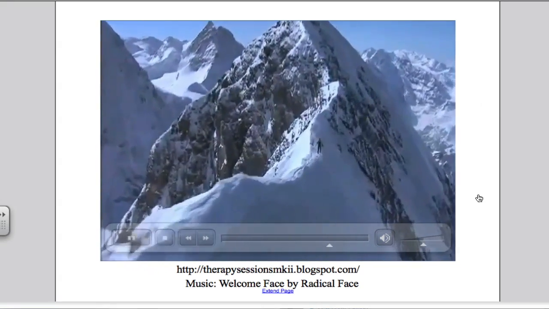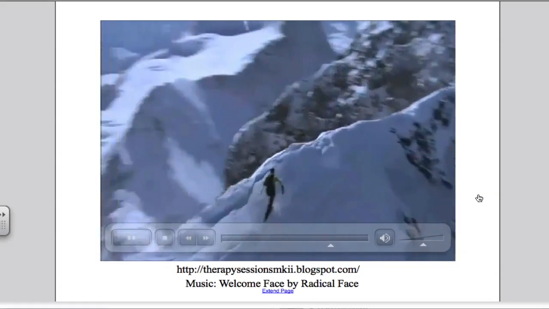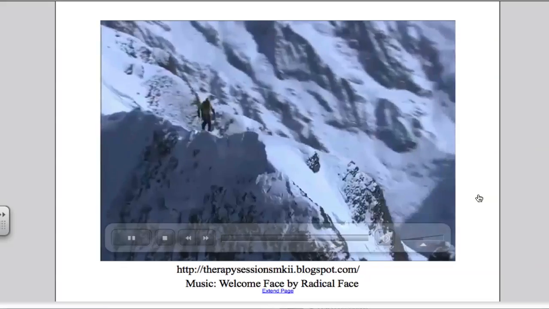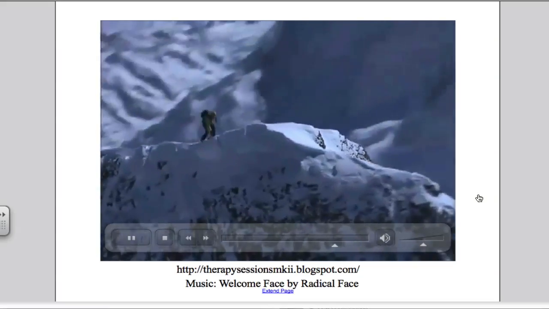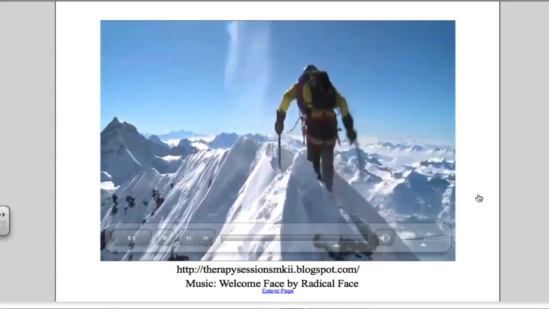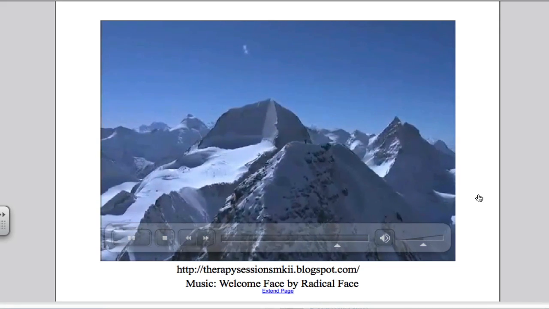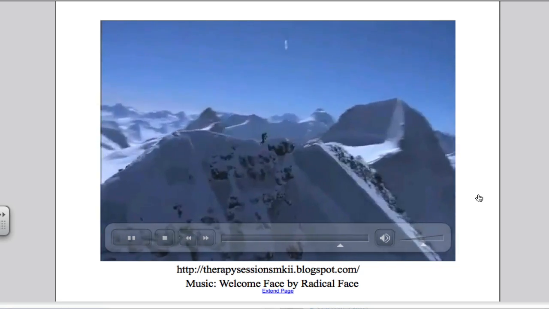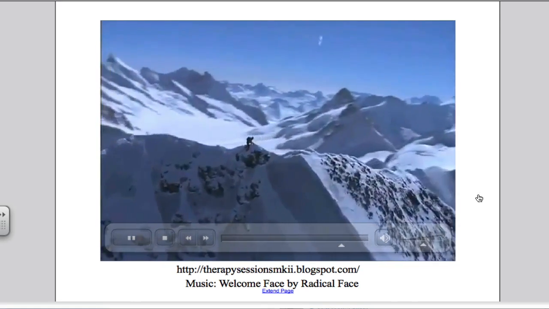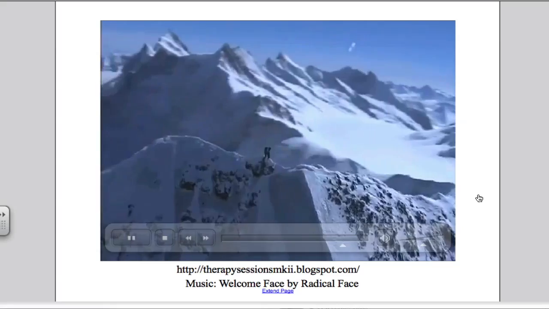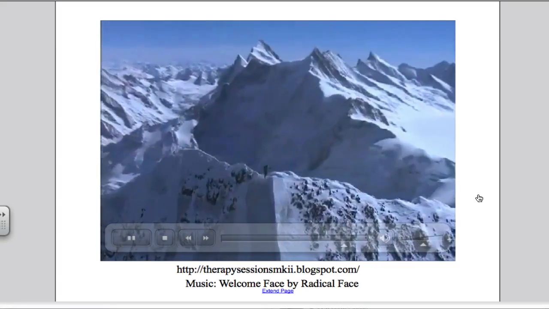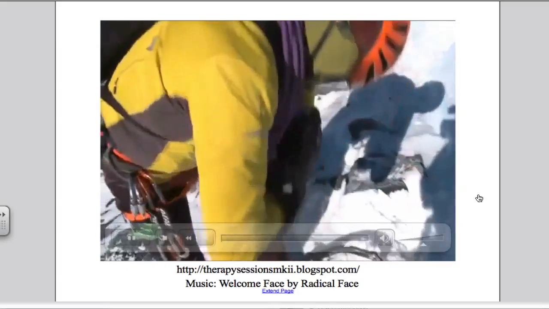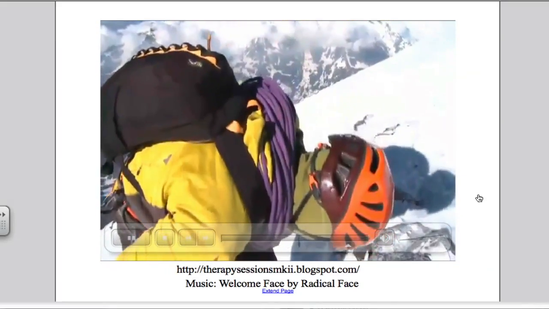You want to keep moving, having a progress in your life. When you get to the summit and you push the watch, first you try to breathe a little bit, get some oxygen in your lungs.